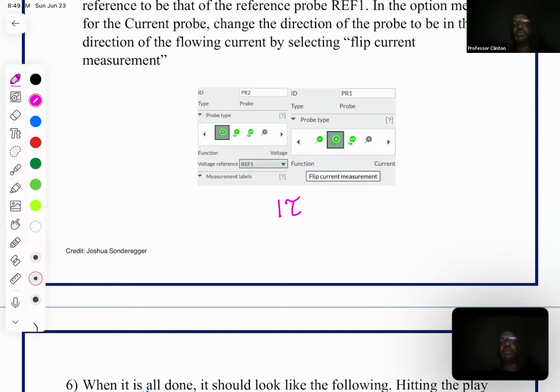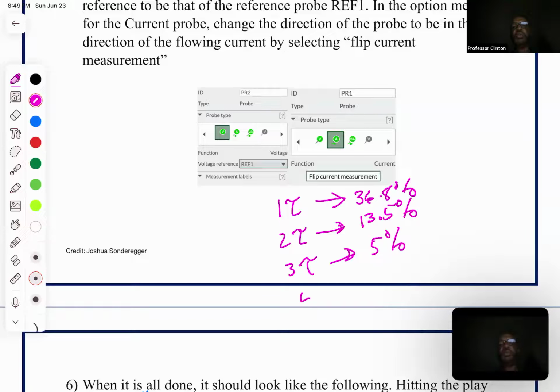With 2 time constants, you'll have about 13.5%. 3 time constants, about 5%. 4 time constants, about 1.8% of the initial charge. 5 time constants, you'll have 0.7%. And after 6 time constants, it's virtually nothing left.